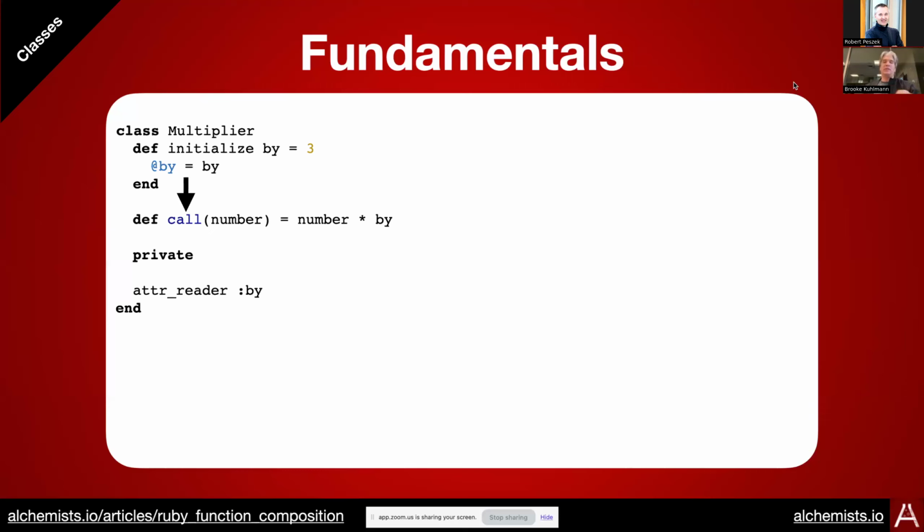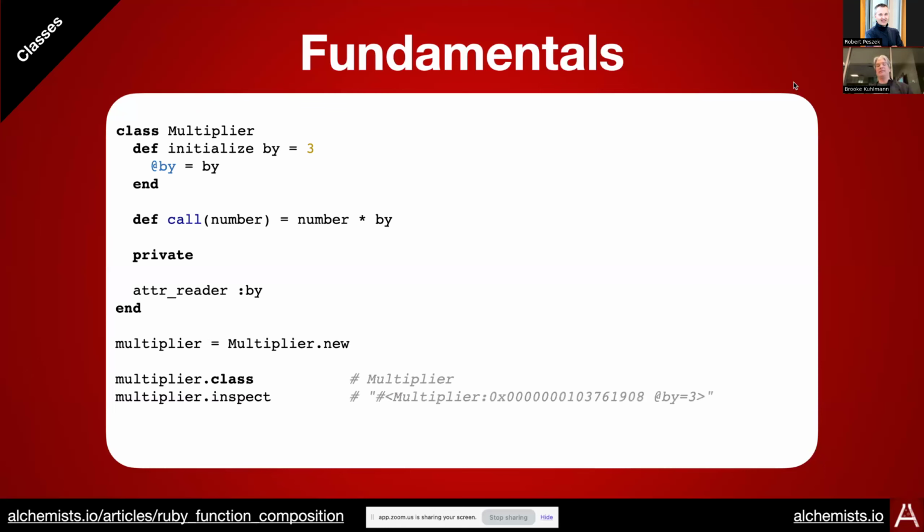So like I said, in this case, this opens up the functional aspects of having a normal object being able to quack and behave like a function. So again, if we walk through this, it's just a little bit different, right? Because instances of a class are not going to completely behave the same way as methods, procs, and lambdas. If we look at this, we'll see that yes, it is a class of Multiplier.